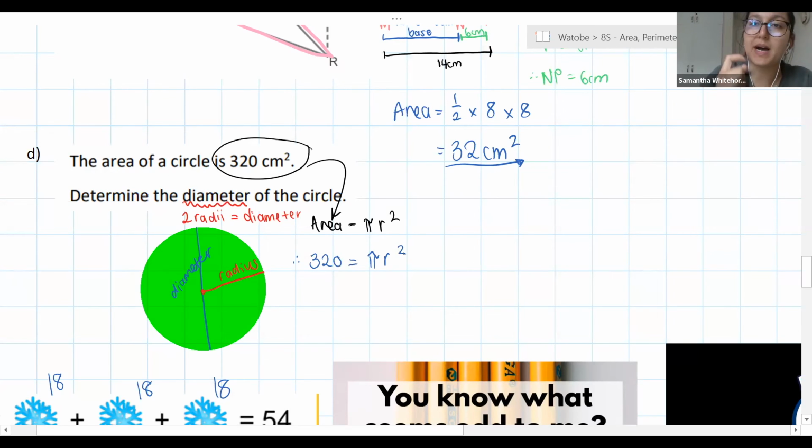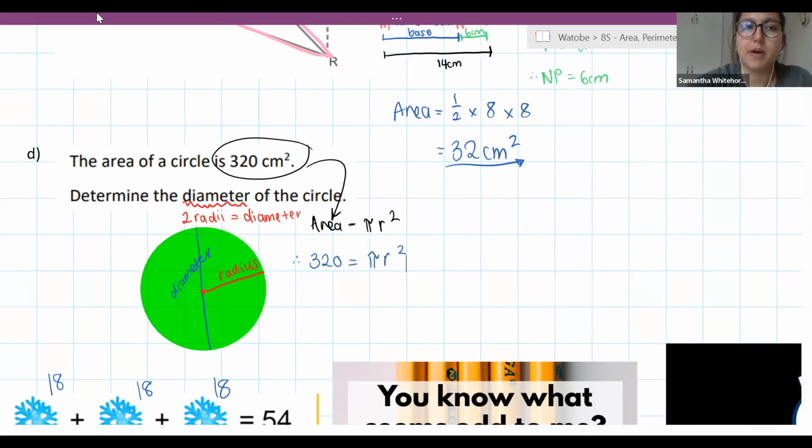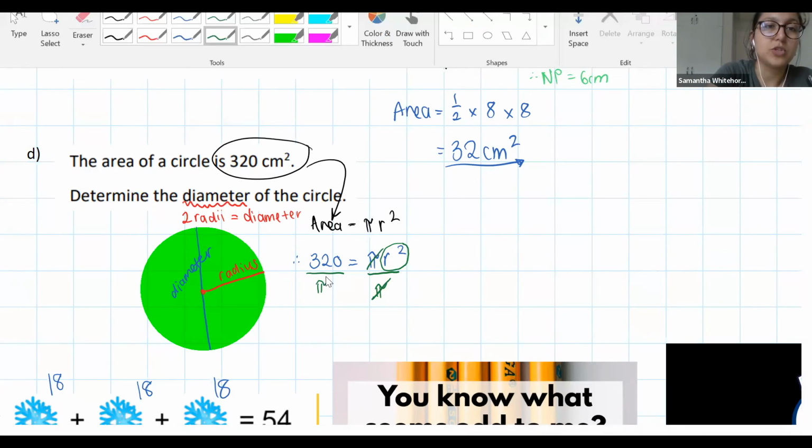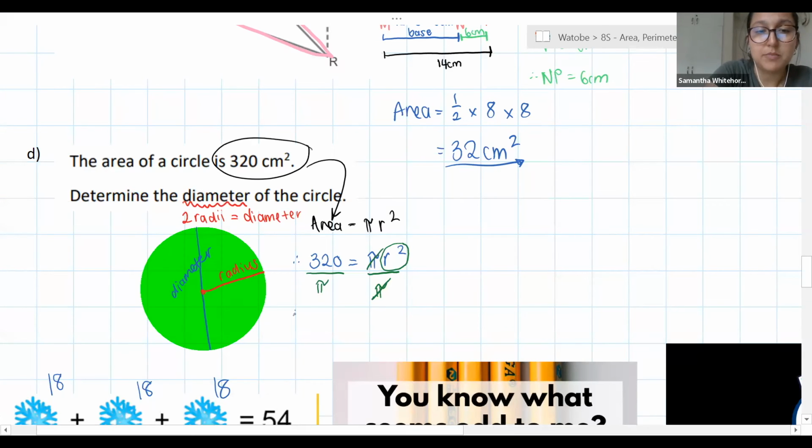Now, guys, remember, pi is a number, which means that we can divide by pi. We just use a symbol to represent it. Because I'm wanting to solve for r, the first thing I want to do is divide both sides by pi in order to get rid of it on the right-hand side. Some of you might be using pi as 3,14 or 3,142. I'm just using pi as the button on my calculator. It really doesn't matter.